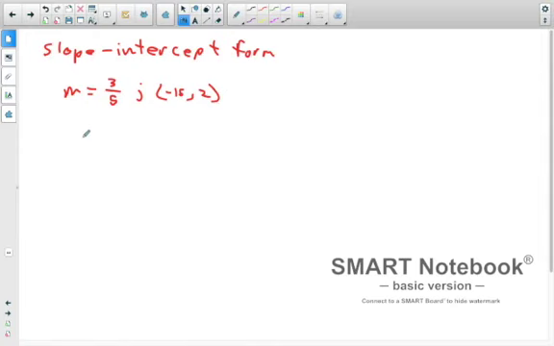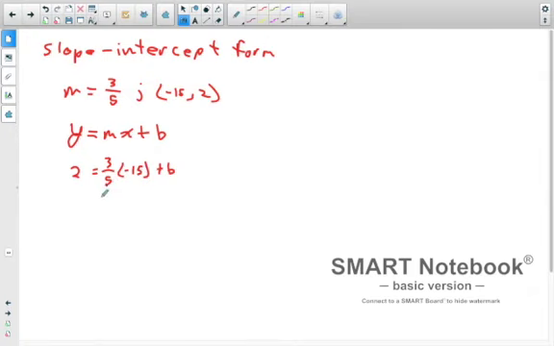So let's look at that. y equals mx plus b. My m is 3/5. My x is negative 15. And my y is 2. Which means I can now figure out what b is.